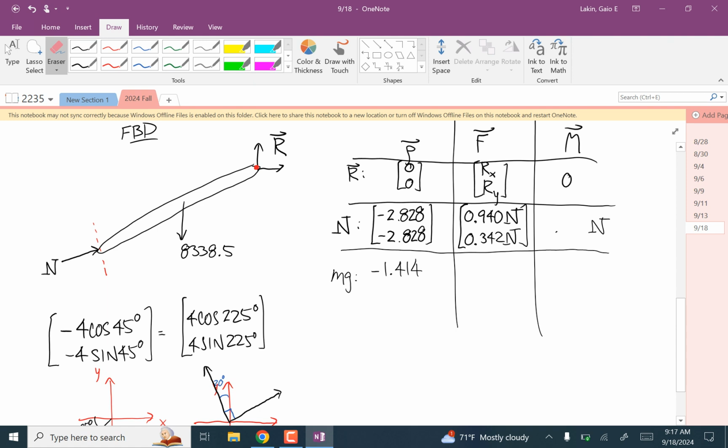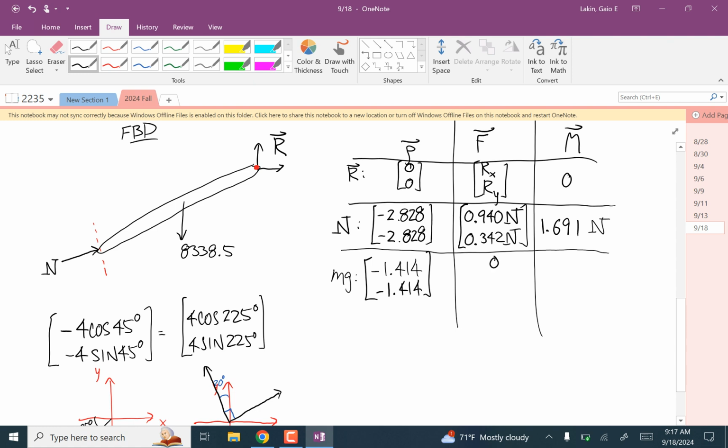I have it right here. Oh yeah, so it does go to 1.691. Okay, and so average those two and you get negative 1.414, negative 1.414.